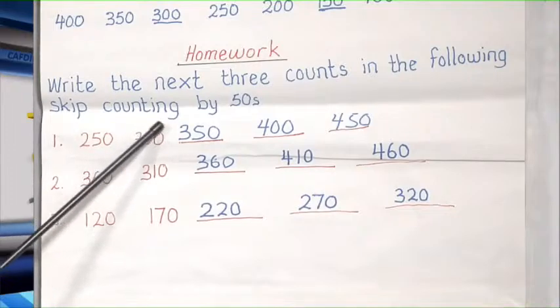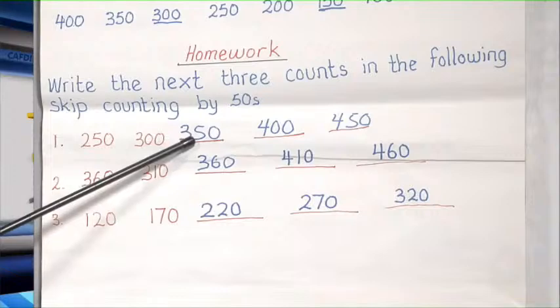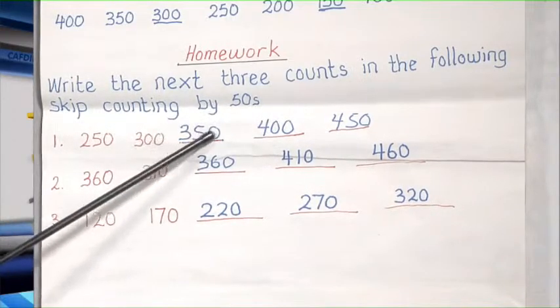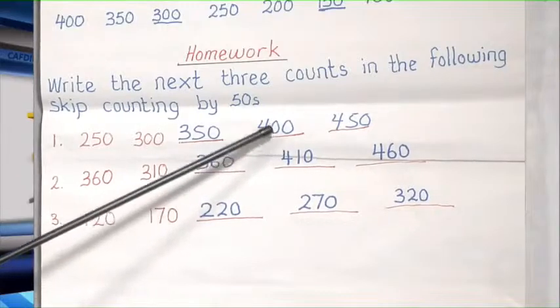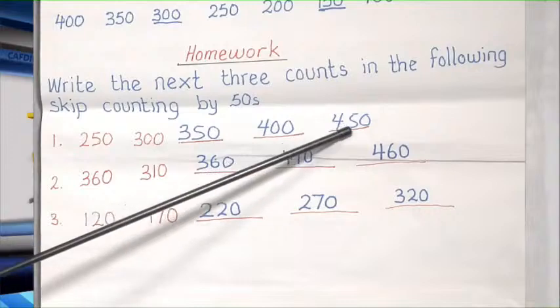So this one, we add 50 and you get 350. This one too, when you add 50 to this, you get 400. And 400, when you add 50, you get 450.